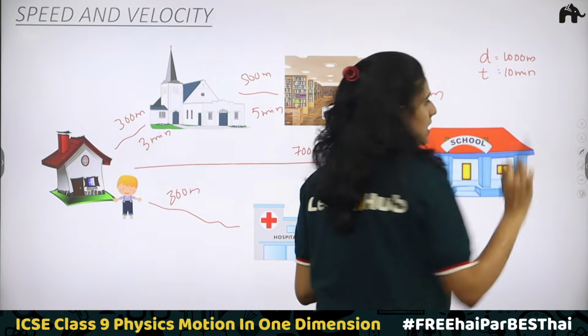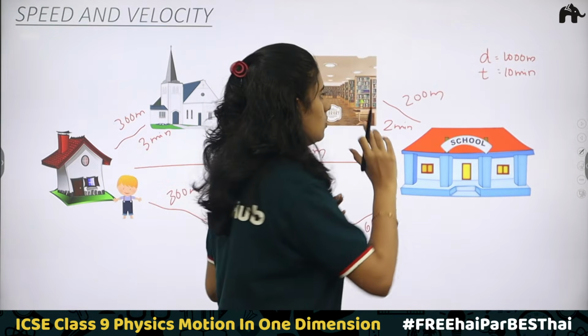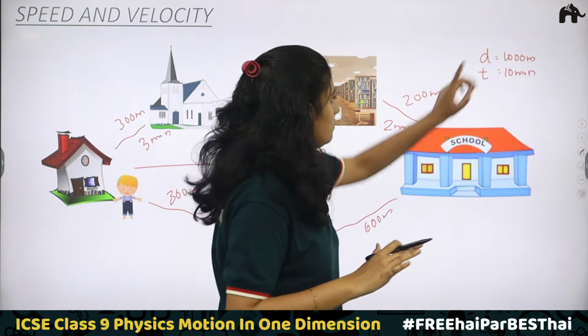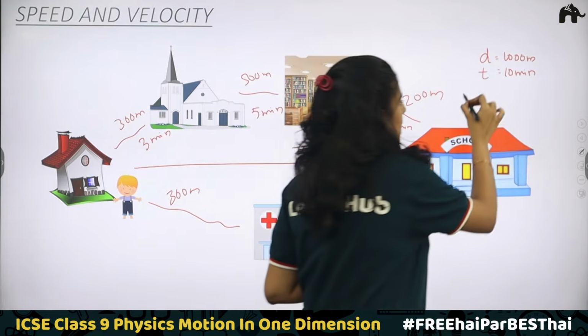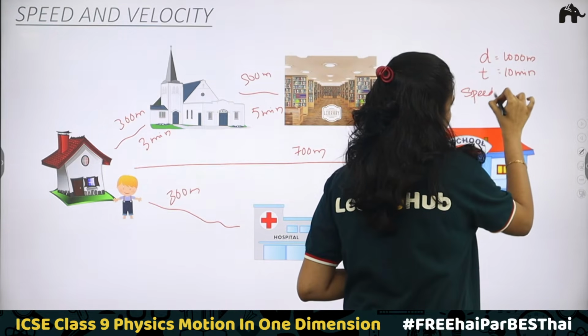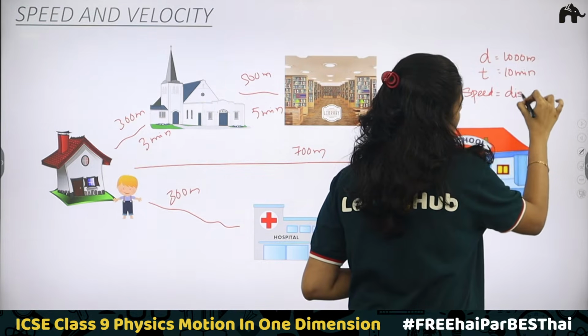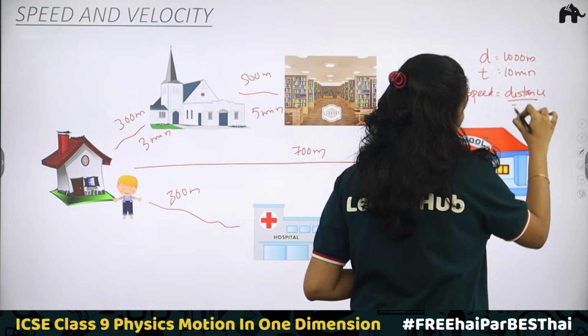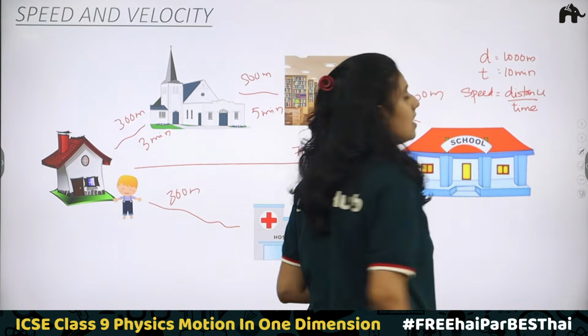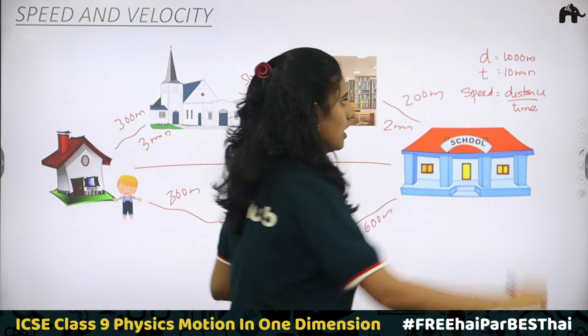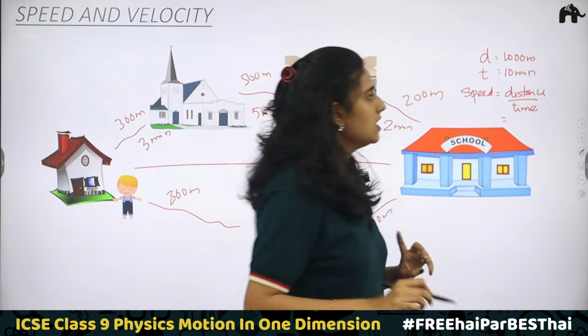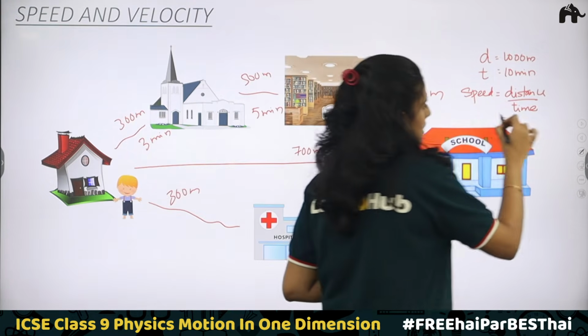To find speed, you have to take the ratio of distance and time. Speed is distance divided by time, or the total distance travelled by total time taken. In this case, 1000 meters divided by 10 minutes.